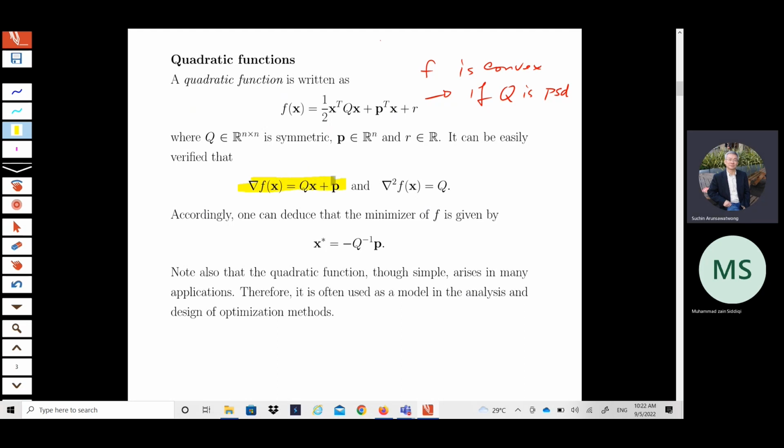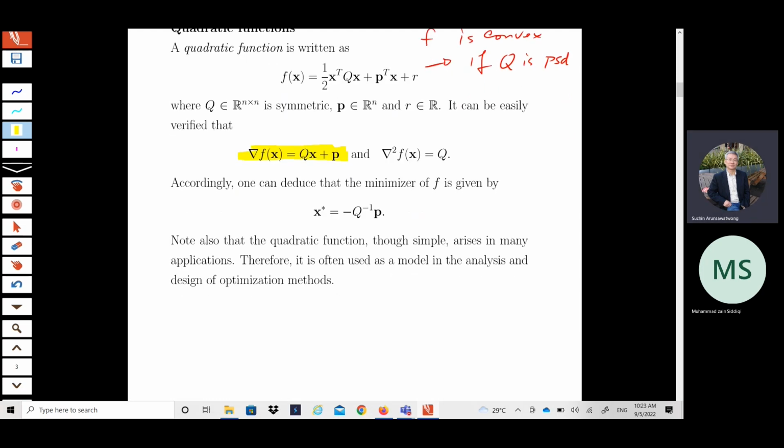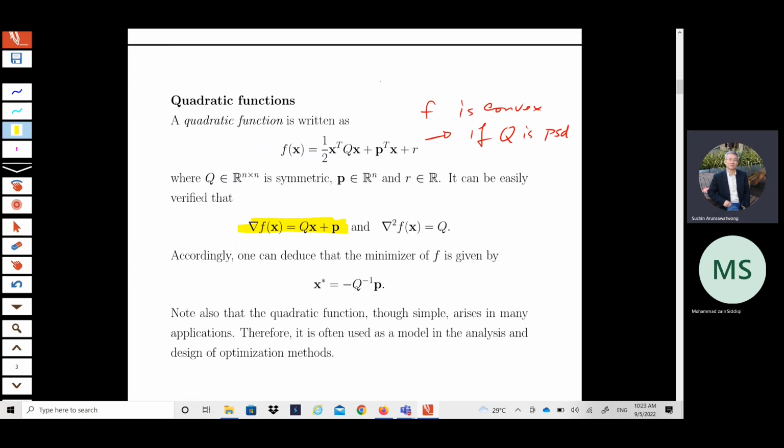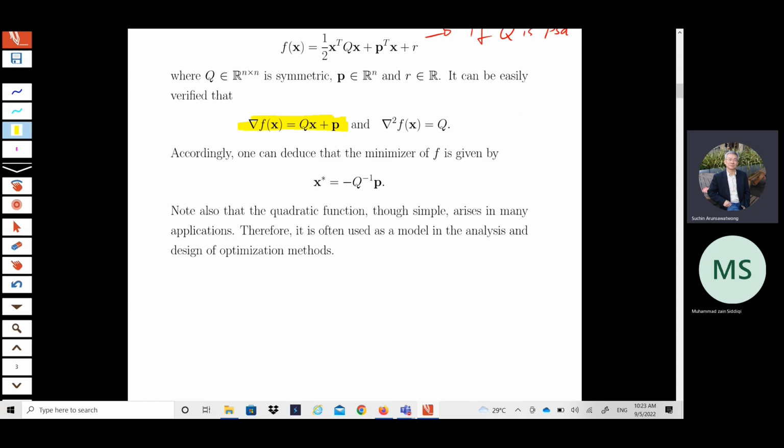The second derivative: when we apply the definition of the gradient vector and the Hessian matrix, you will see that the gradient of f is equal to Qx plus p, and the Hessian matrix of the function f is equal to Q. From this, how can we find the minimizer of this function?